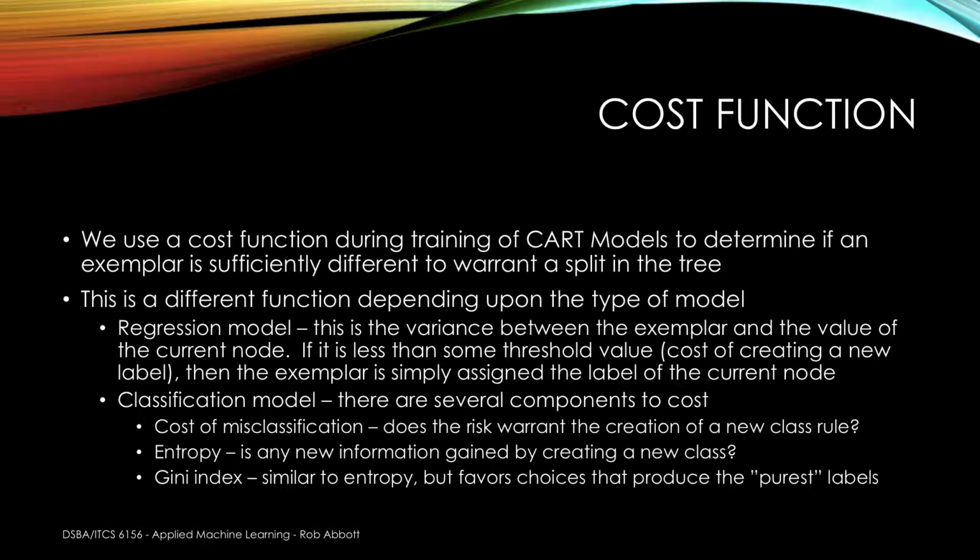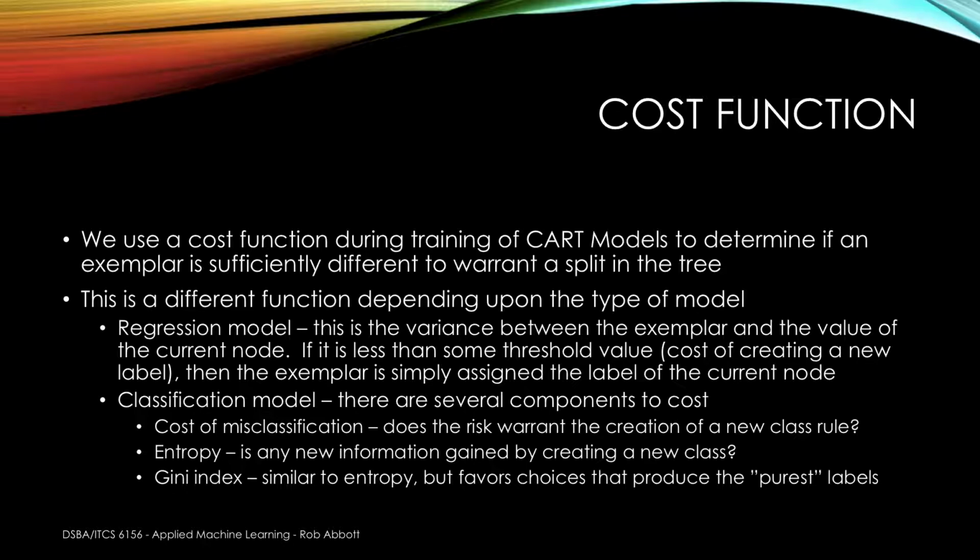So there's a couple of different ways that we implement cost functions in our process. One is if we're learning a regression model. So this is a classification and regression tree model, so it can do both traditional regression as well as classification.